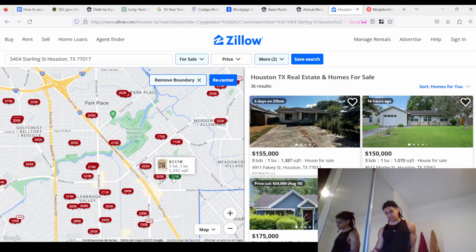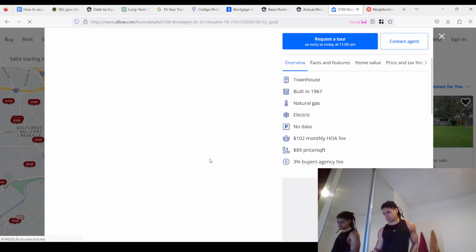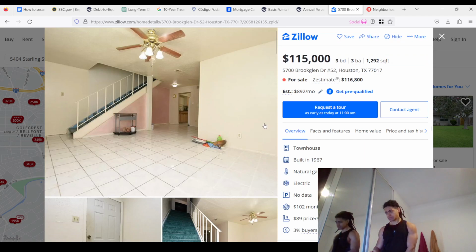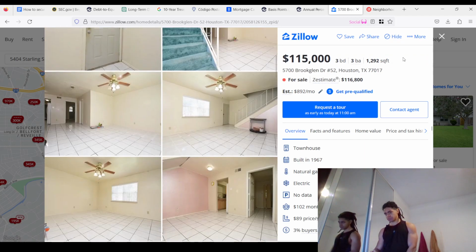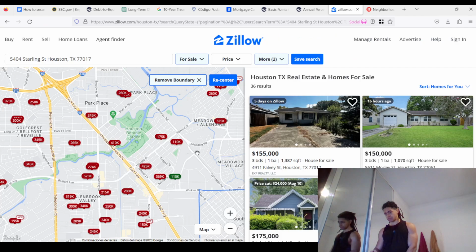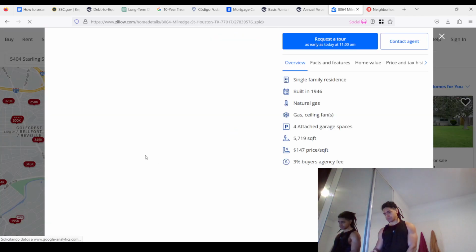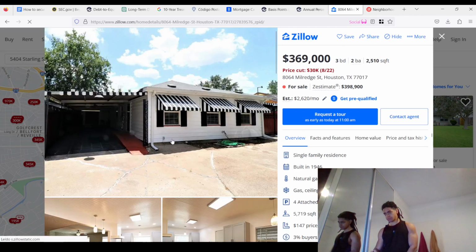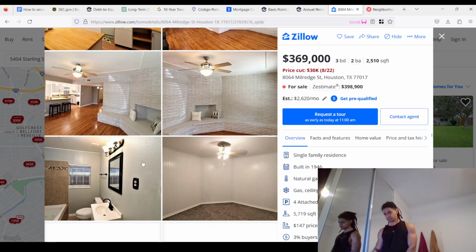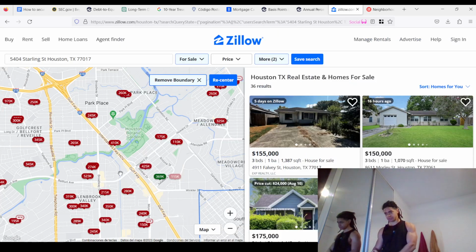Park Place. Okay. But they are all houses.